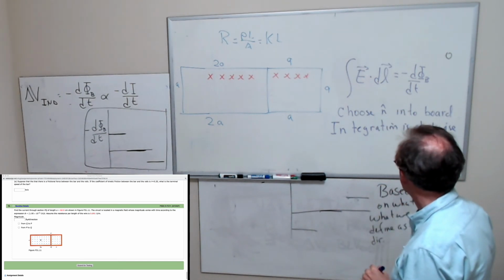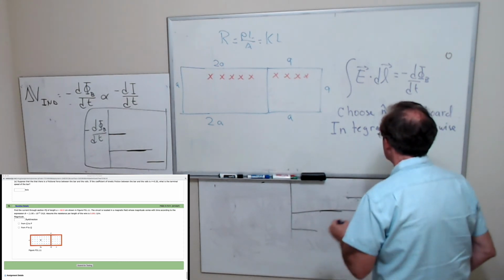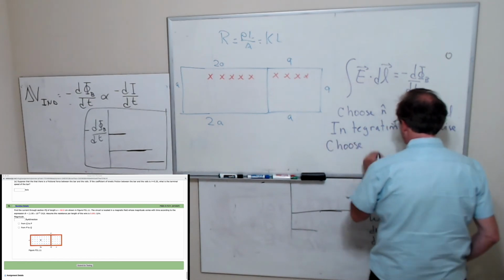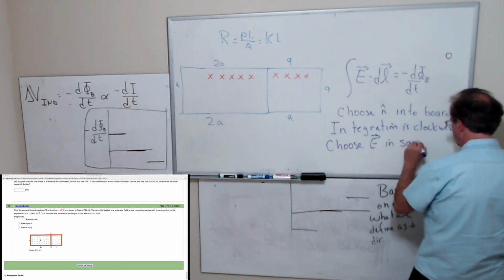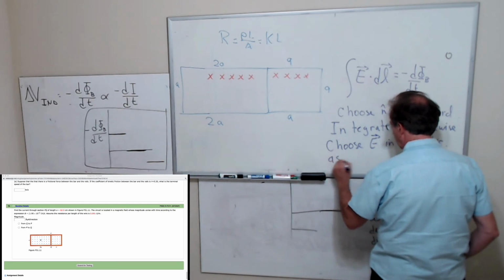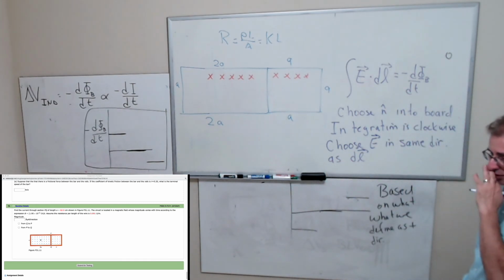Okay? And I'm going to choose the electric field in the same direction as dL, the direction I'm integrating. If I'm wrong, I'll get a minus sign.